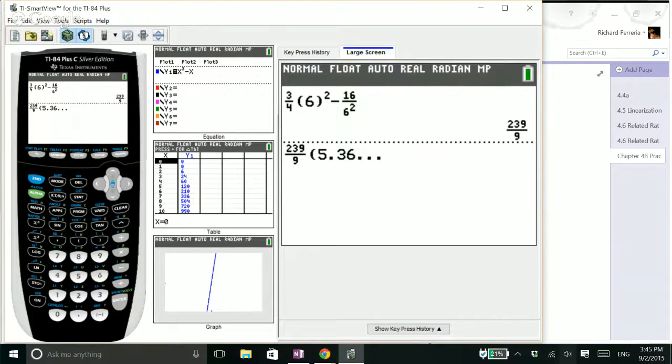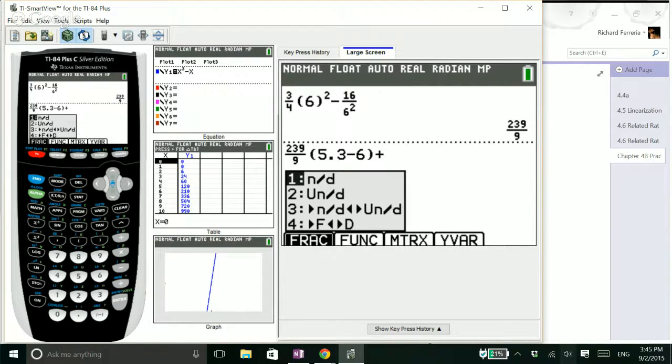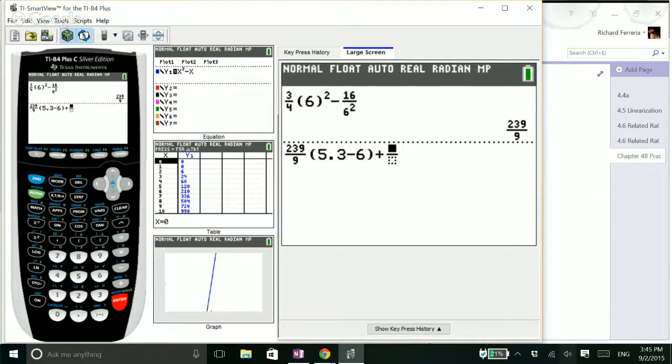Gosh. Plus 170 over 3. Okay, so we got the entire thing in line.